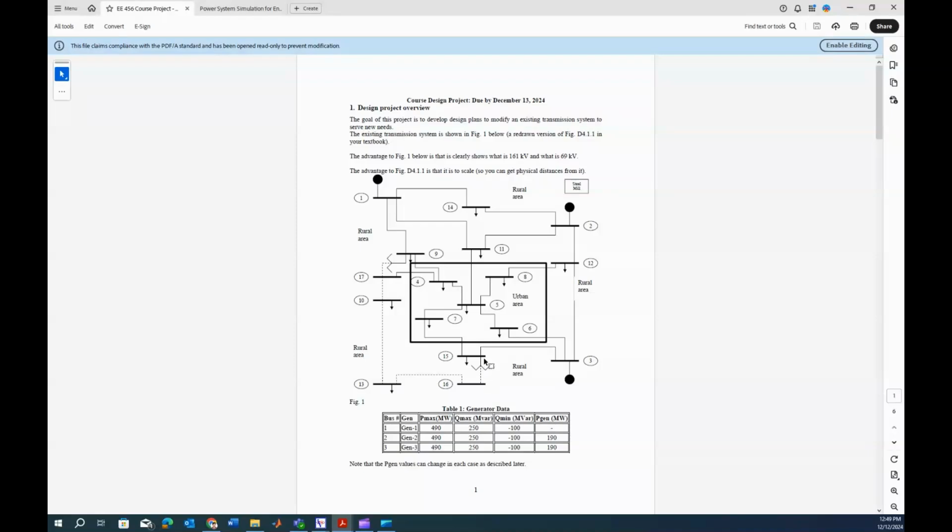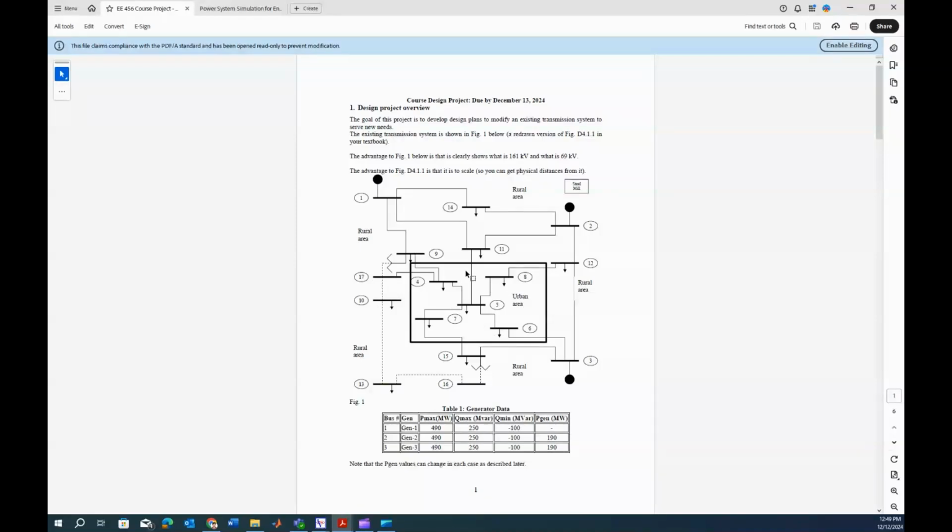It tells you that there are two transformers in this network, rated at 161 kV divided by 69 kV. So in total, bus numbers 17, 10, 13, and 16 are the four buses which will be at a voltage level of 69 kV. The rest of the buses in the network will be at a voltage level of 161 kV.